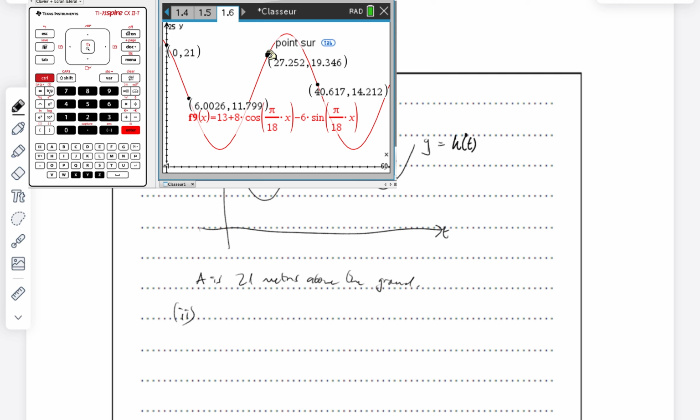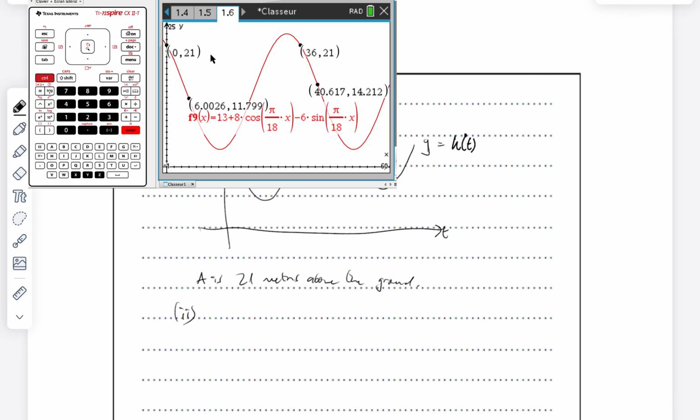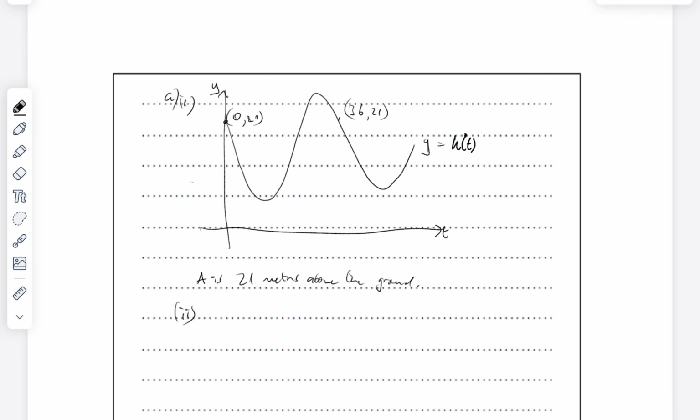I'll control click on this and drag the point over to here so it's roughly where I want it, and change that to 21 meters. Oh, it takes 36 seconds to do a full rotation. So 36 subtract 0 equals 36 seconds for one rotation.